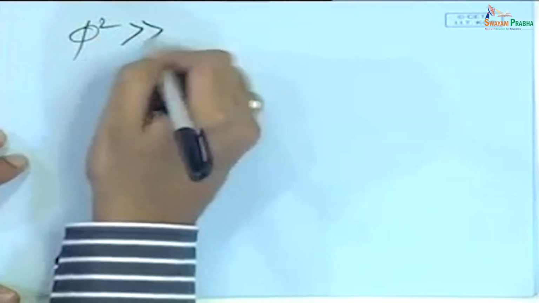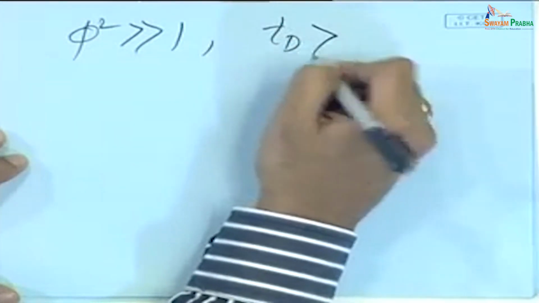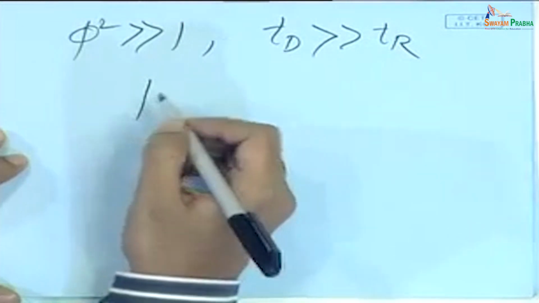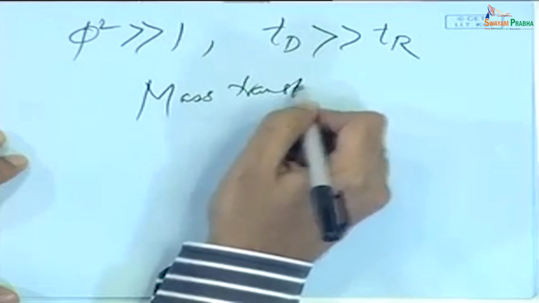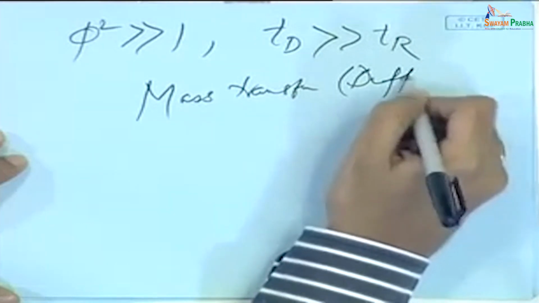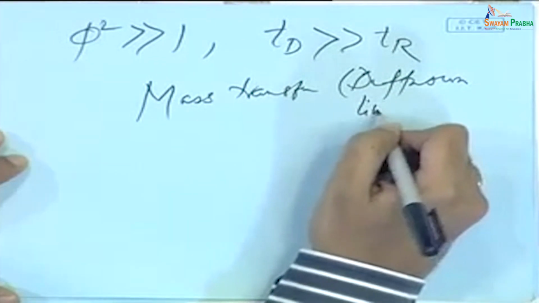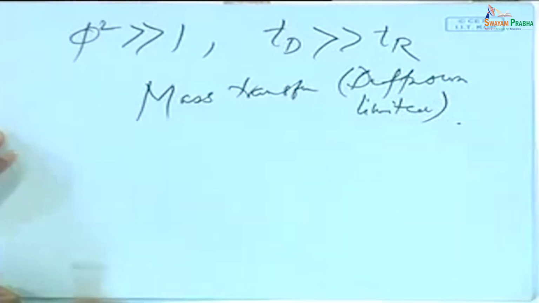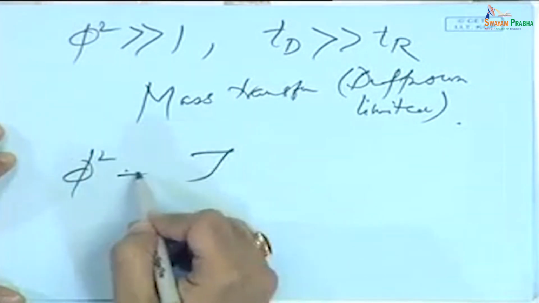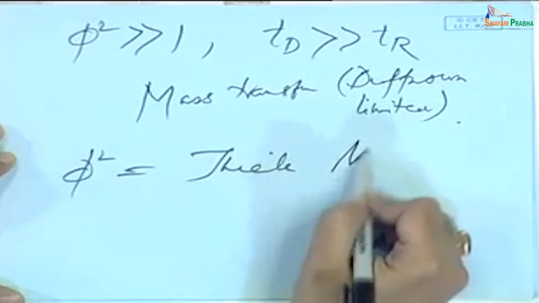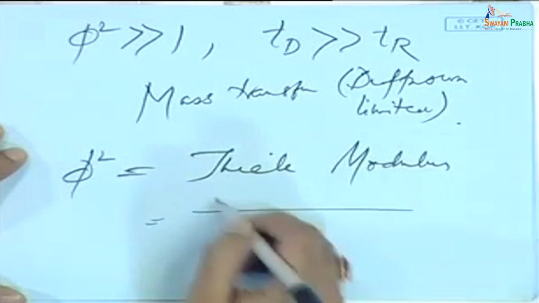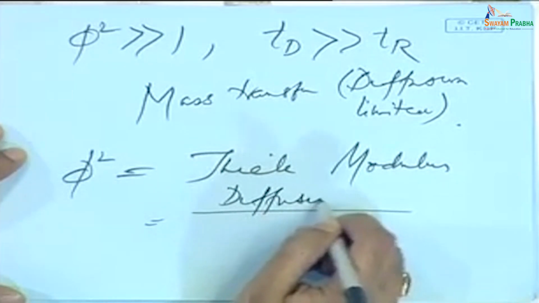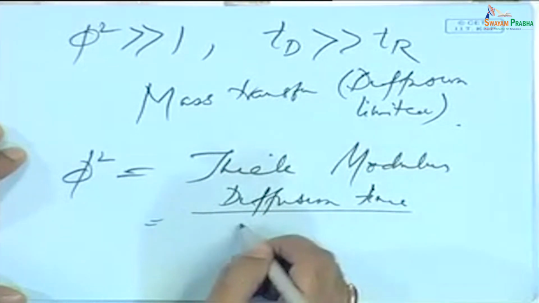For phi square much greater than 1, Td is much greater than Tr, and system is mass transfer or diffusion limited. Okay. Now, phi square is a Thiele modulus, which is the ratio of diffusion time to reaction time.